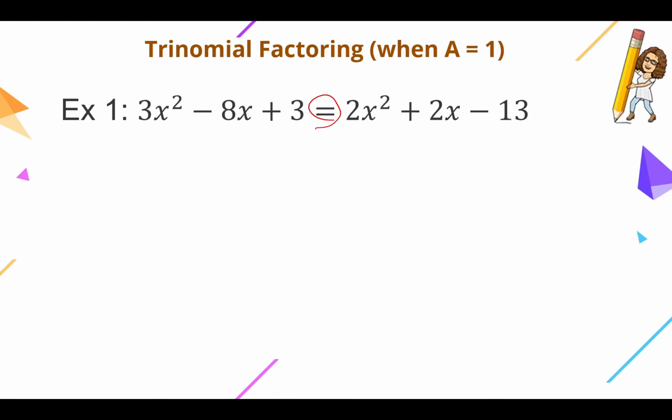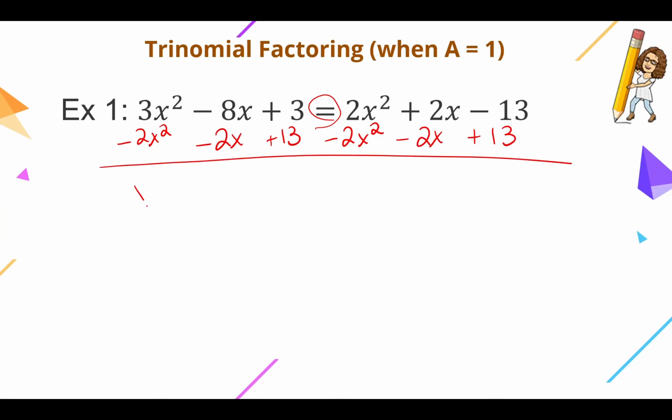So I'm going to move the 2x squared to the other side. I'm going to move the 2x to the other side. And I'm going to add 13. Okay, so I'm going to get x squared minus 10x plus 16 equals 0 in my case there.